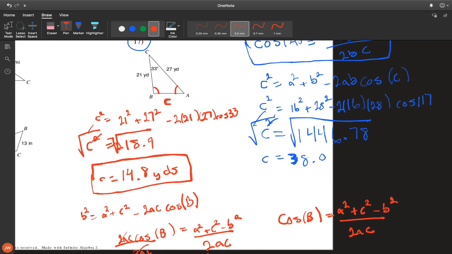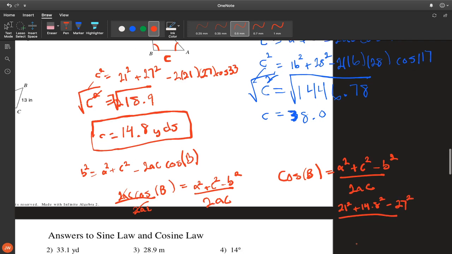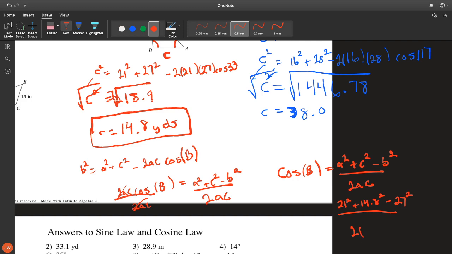So a is 21 squared, c we just found 14.8, so 21 squared plus 14.8 squared minus b squared. B is 27 squared divided by 2 times a times c, and that is equal to cosine b.